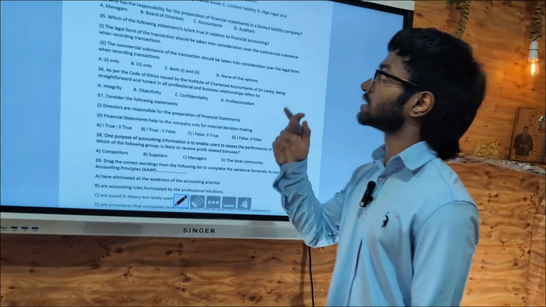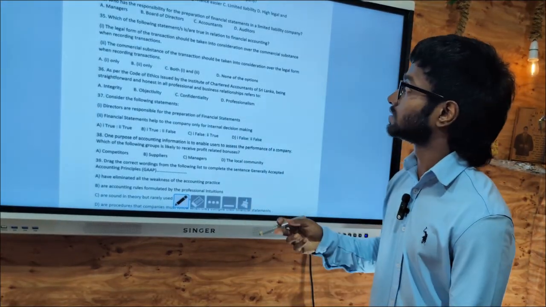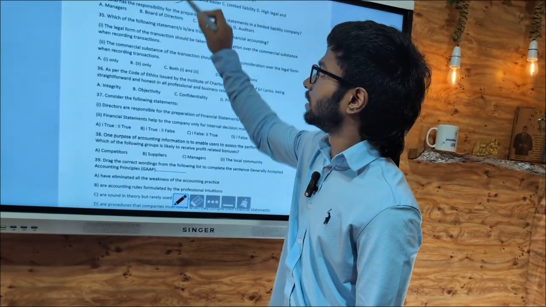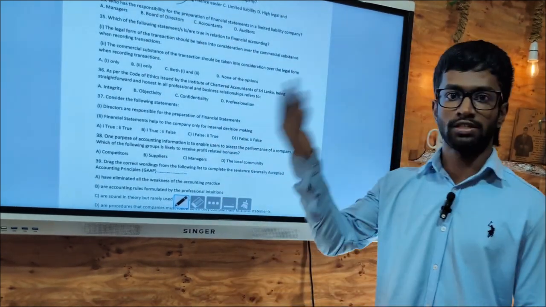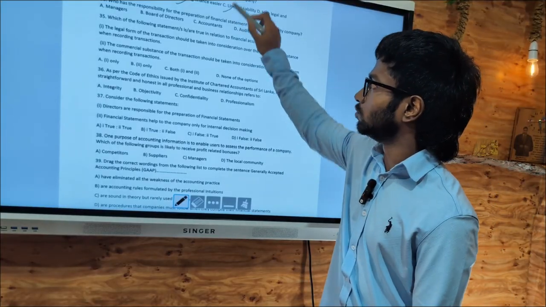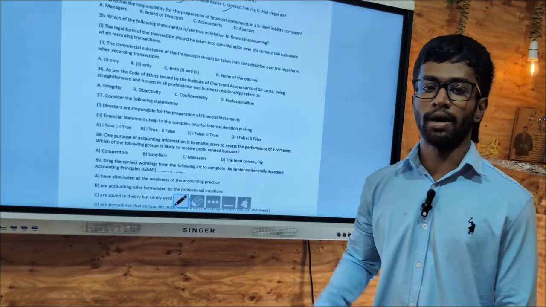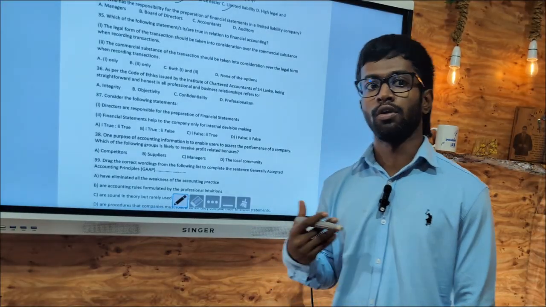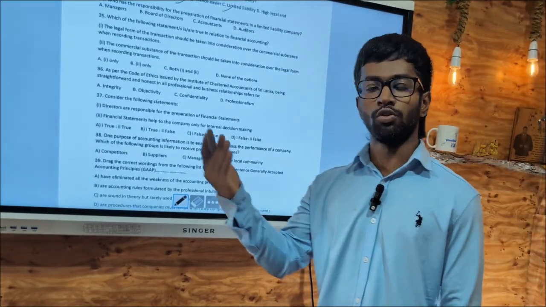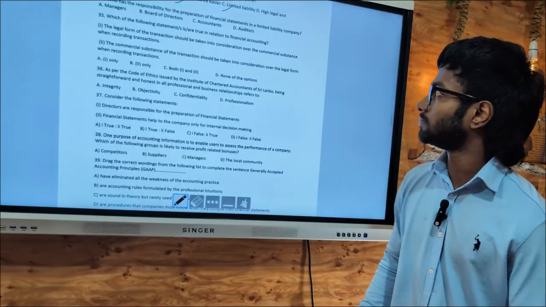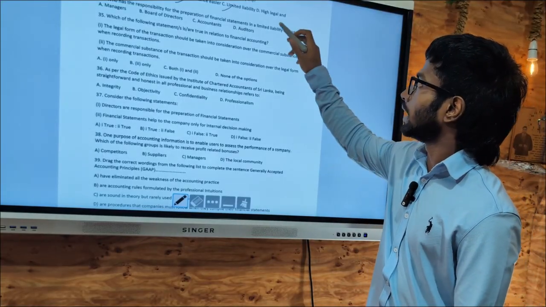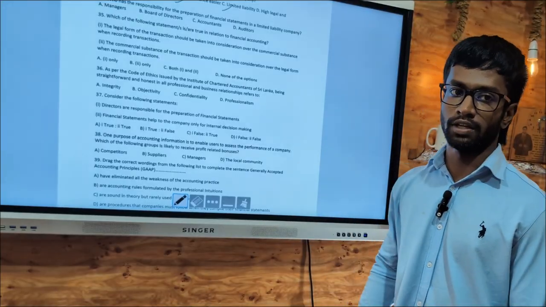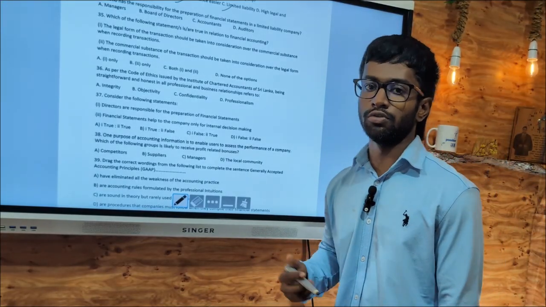So basically they are asking what is the disadvantage. Having a separate legal entity, that is an advantage. Raising finance is easier. You can issue shares and get capital. And you also have a limited liability for the money that you have invested. So basically, if you have invested in a company, if the company is bankrupt, you will only lose that money. Okay. And high legal and accounting requirements, that is a disadvantage because you have to adhere to so many rules and regulations.